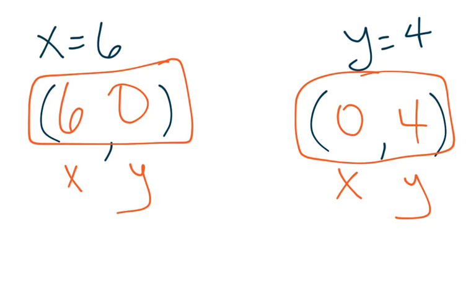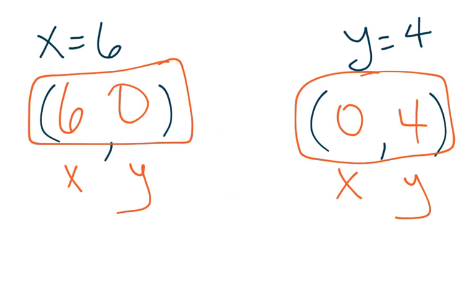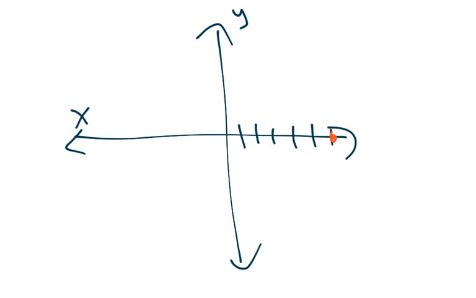So if we were going to graph this equation, I'm going to draw a very rough coordinate plane, my y-axis, my x-axis, and x was 6, so 1, 2, 3, 4, 5, 6, and I put a dot here. y was 4, so I'm going to go up 1, 2, 3, 4, and my point goes here.